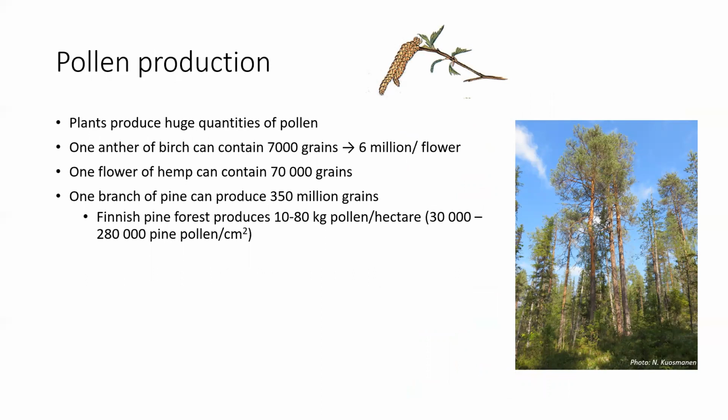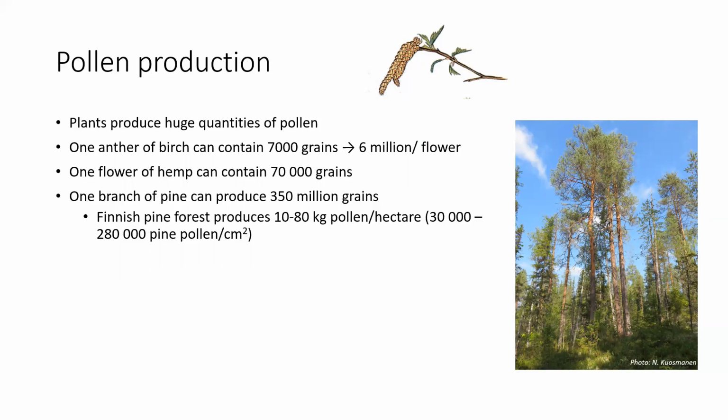And as I said, plants produce huge quantities of pollen. For example, one anther of birch can contain over 7,000 grains, which means that the whole flower can have 6 million pollen grains. And that's quite a lot.